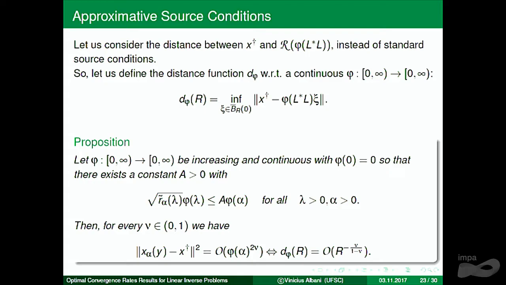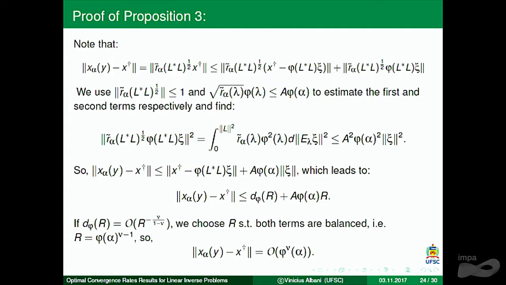So the convergence rate with noiseless data, now with this 2 to the power nu between 0 and 1, is equivalent to the convergence rate with this distance function. The proof in one direction is not so difficult.